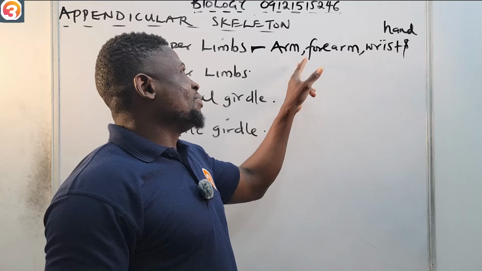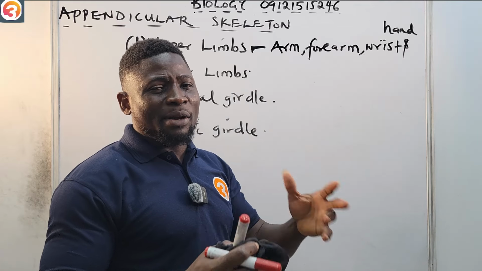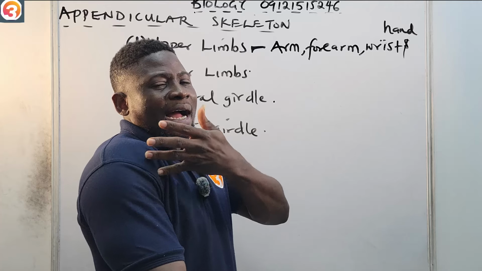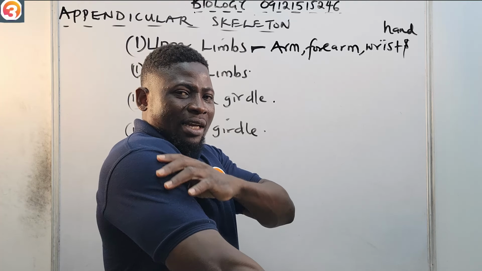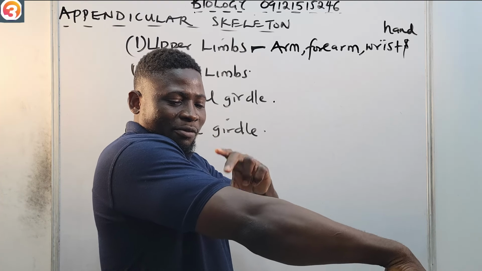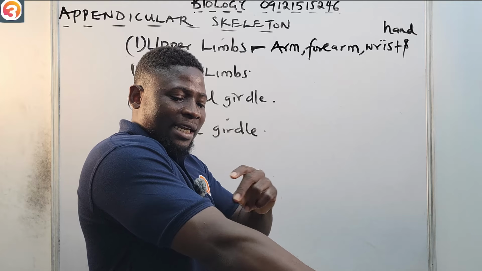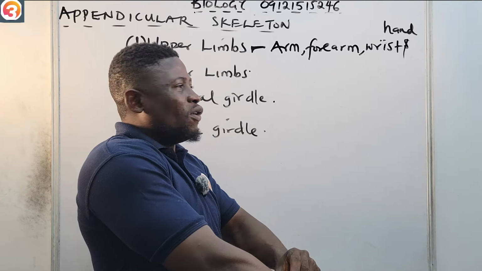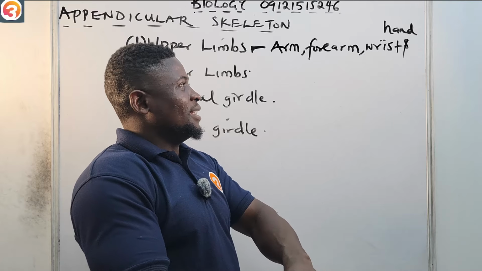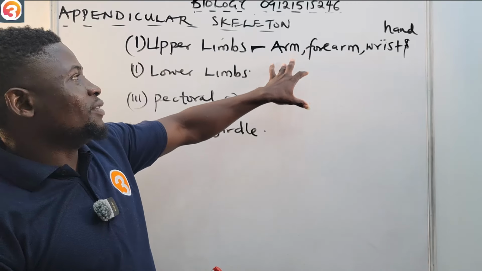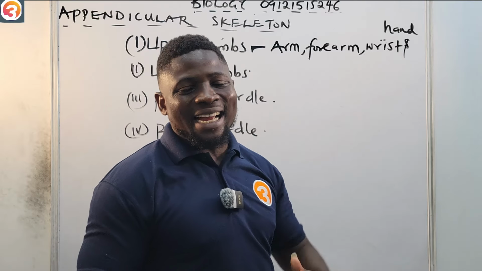Anatomy uses these terms to differentiate between the upper arm and the lower arm. This one, from shoulder to elbow, is what they call your arm. Then from elbow to wrist is your forearm. Then your wrist, then your hand. So the upper limbs consist of the arm, the forearm, the wrist, and the hand.